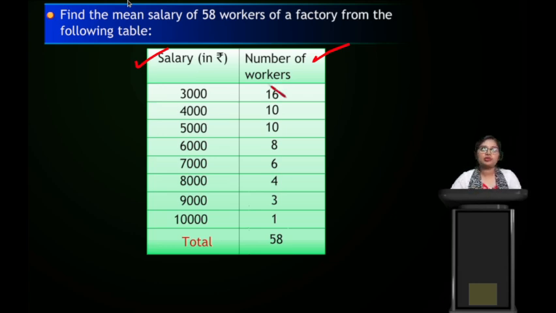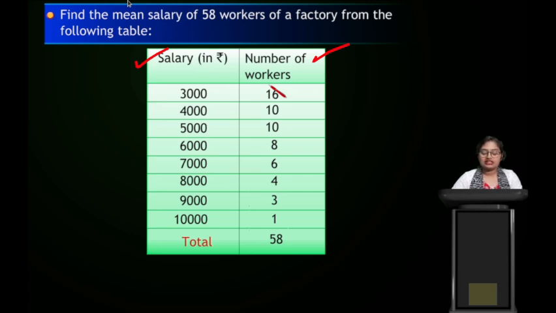This type of problem we solved in our yesterday's class, isn't it? Yes. How do we find the mean for tabulated data? We have a specific formula for that, right? Which was that? Yes, x bar is equal to summation fi xi divided by summation fi.